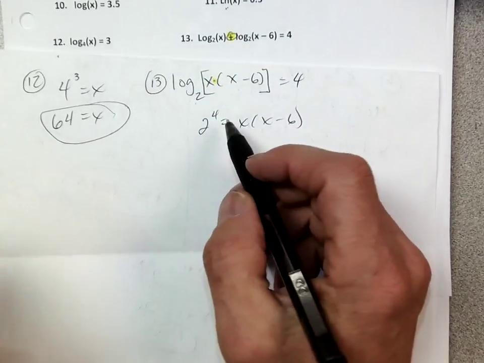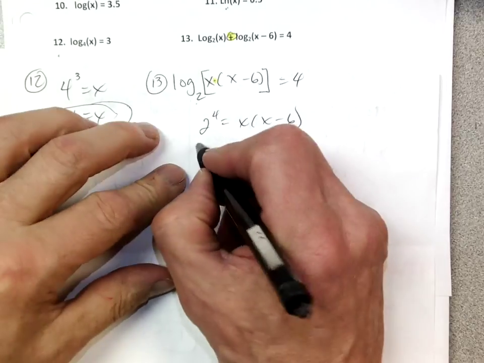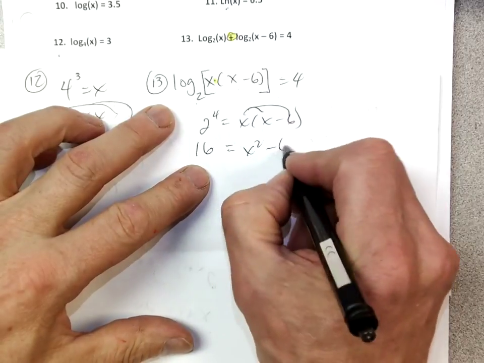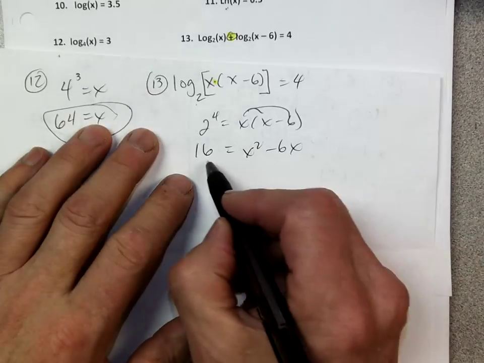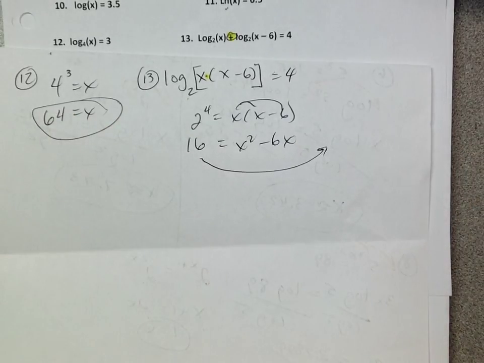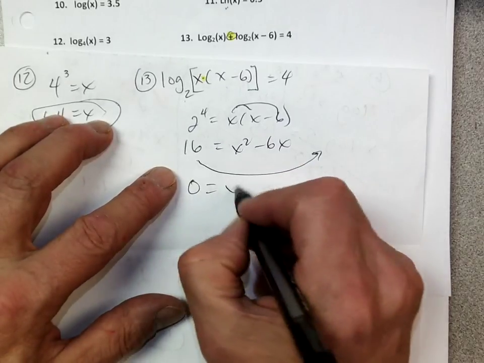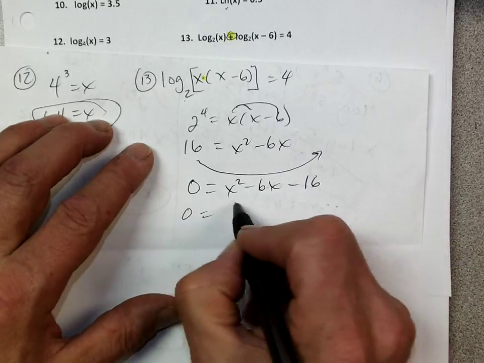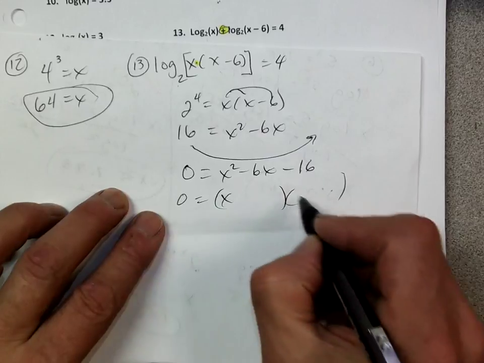So 2 to the 4th: 2 times 2 is 4 times 2 is 8 times 2 is 16. x squared minus 6x, right? I'm going to bring over the 16 because I'm going to do the F word again, that darn F word, that factoring. I know. 0 is equal to x squared minus 6x minus 16, right? I can factor. I know how to factor. x and x.